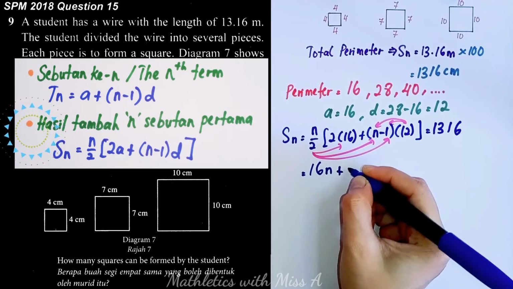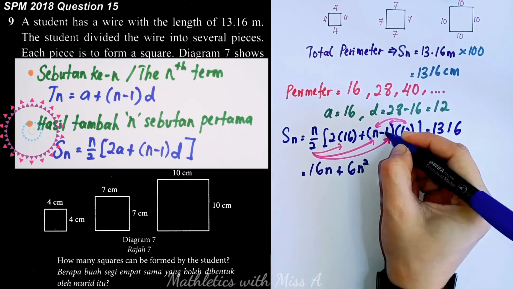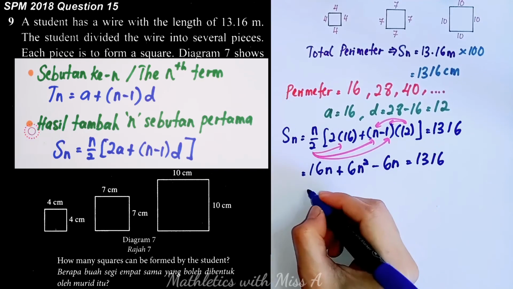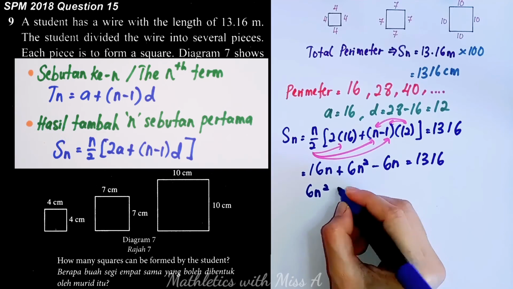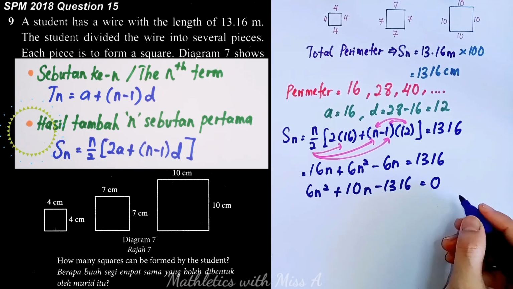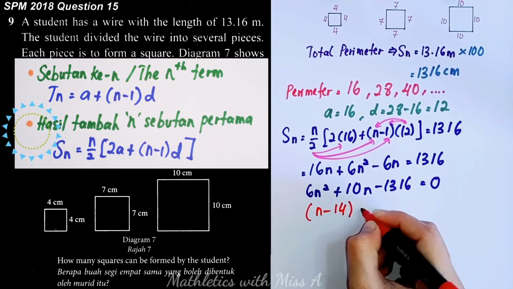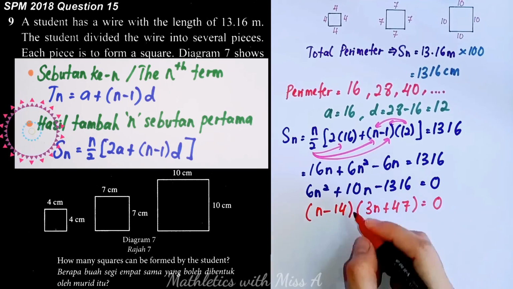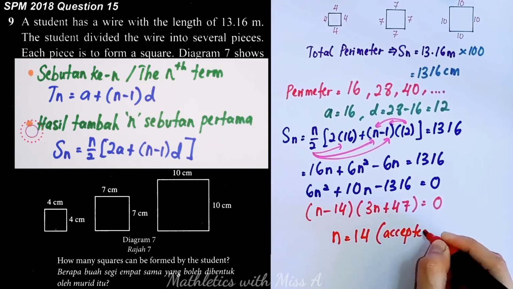So 16n plus 6n squared minus 6n equals 1316. So arrange to form a quadratic equation. So 6n squared plus 10n minus 1316 equals 0. By using the calculator, find the value of n. So n minus 14 and 3n plus 47 equals 0. So find the accepted value. So n equals 14.